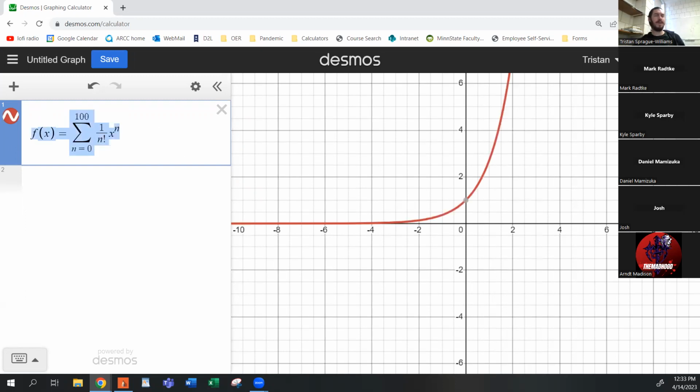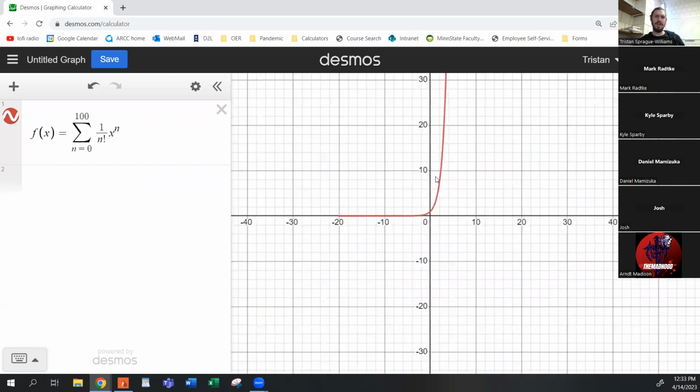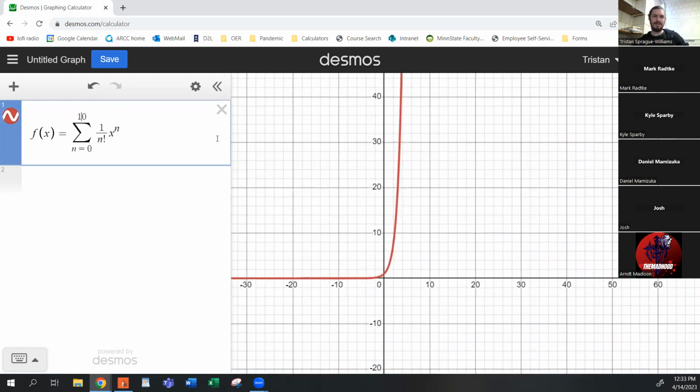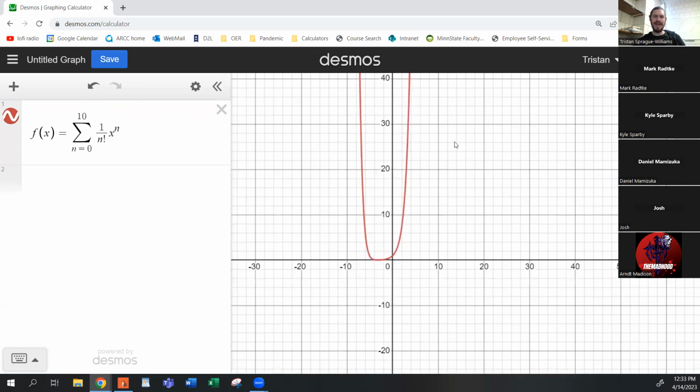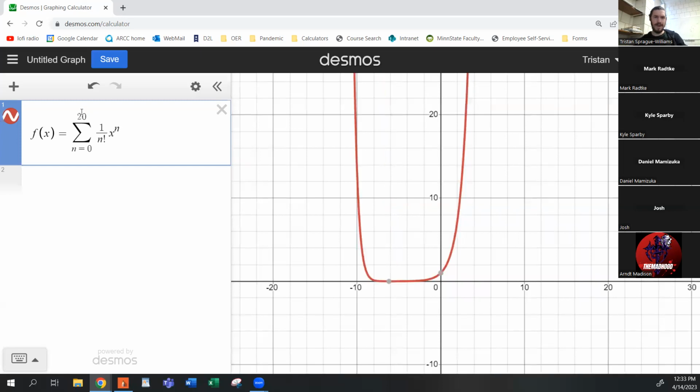This right here is a polynomial function, but it sure as heck doesn't look like a polynomial function. It looks like an exponential function. If I drop this from 100 back down to 10 or something, okay, that looks more like a polynomial, right? Because it goes up on the left side and it goes up on the right side. 20.